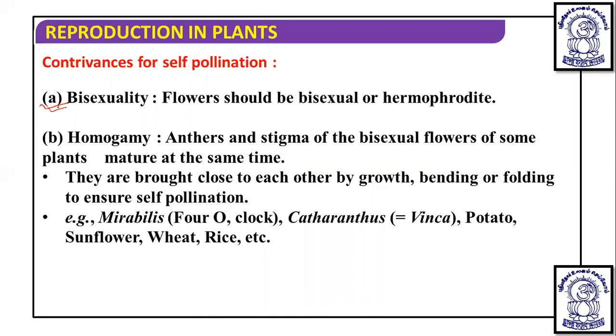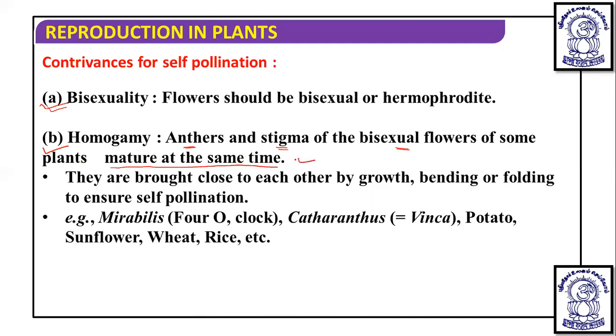So bisexuality favors self-pollination. Another one is homogamy. Dear students, in homogamy what happens? Anther and stigma of the bisexual flower, but anther and stigma of some plants mature at the same time.